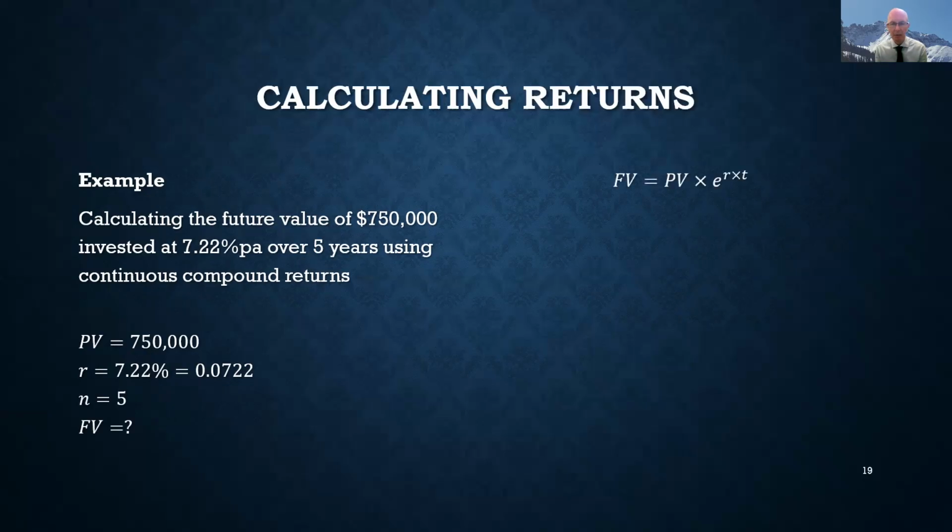Well, write out the equation. Future value equals present value times e to the power of R times T. Future value therefore equals 750,000 times e to the 0.0722 times 5, which equals $1,076,072.60.